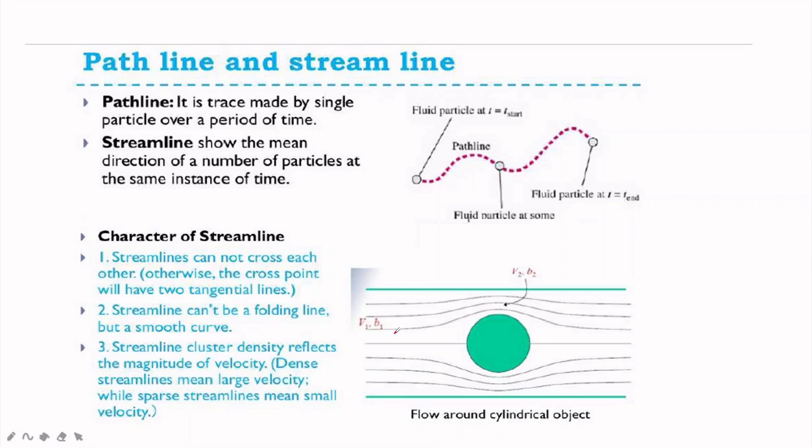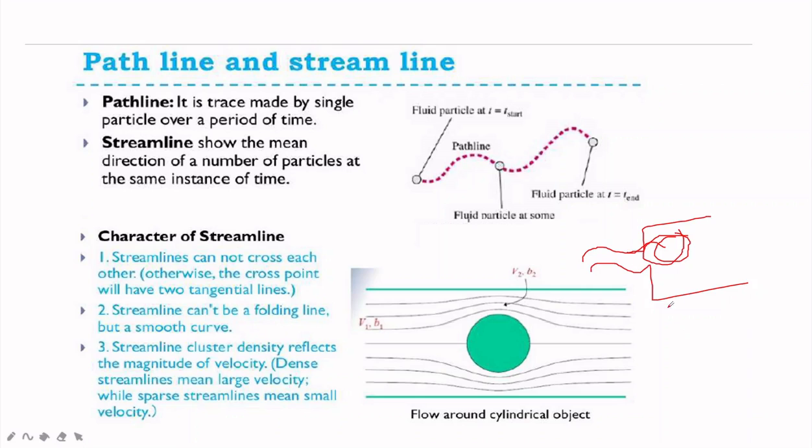Now, what are the characteristics of the streamline? It can't be a folding line. What is a folding line? Whenever a fluid is flowing and an obstacle comes like this, it will not flow like this and shift abruptly, thinking the obstacle has come.